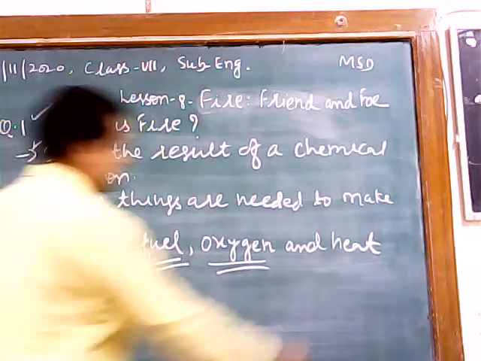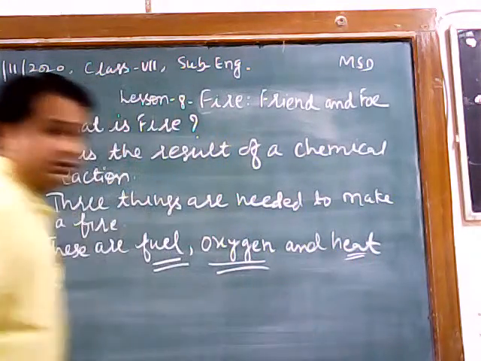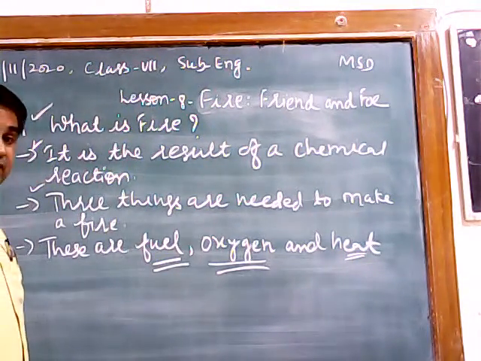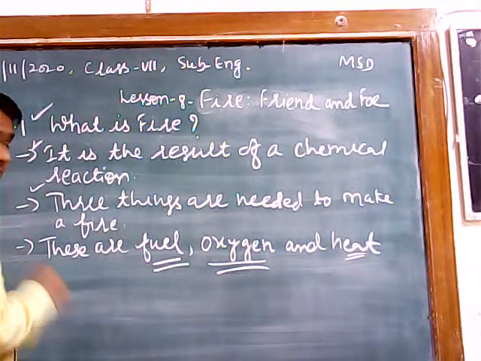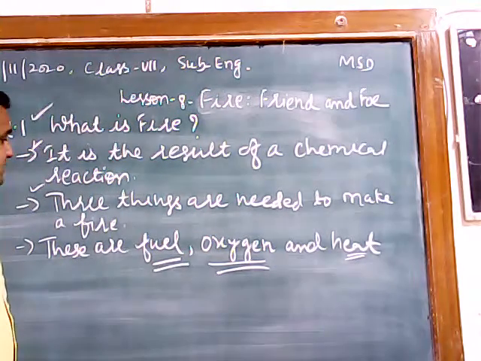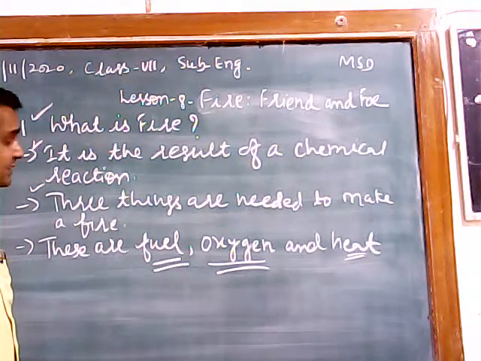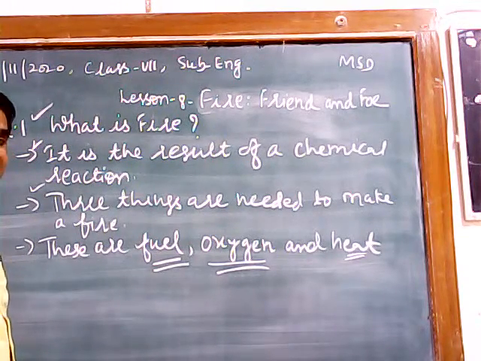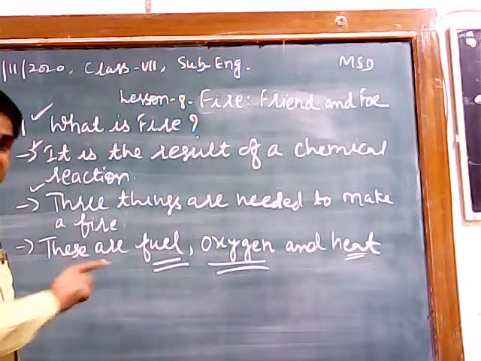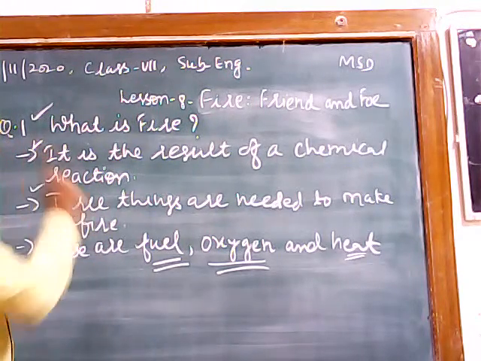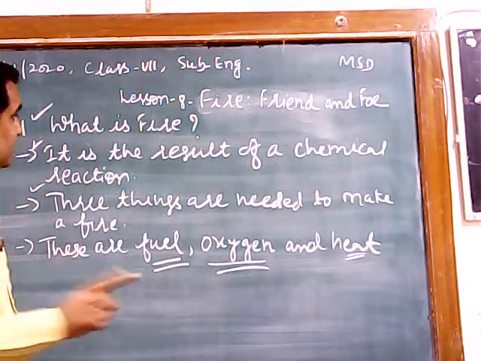And what is the other thing required? Heat. So what are the three things required for fire? These are fuel, oxygen, and heat. These are the things required to make fire. Okay. The lesson begins with what we are going to study in this particular lesson.